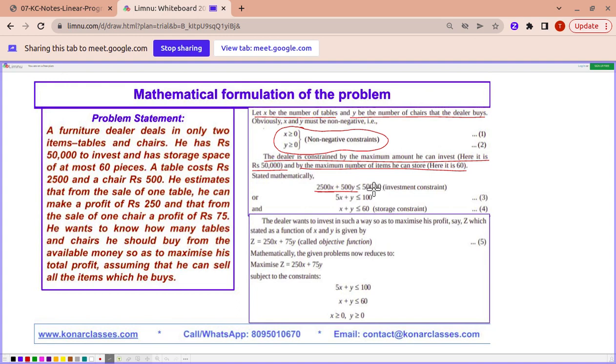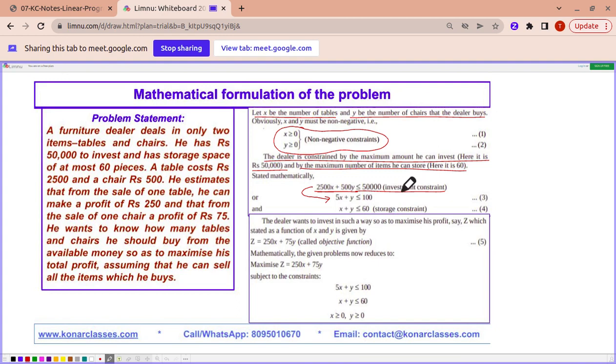That cost price must be less than or equal to 50,000, that is the investment constraint, right. Now if we simplify this, taking 500 common from both sides of the inequality, it comes as 5x plus y is less than or equal to 100.